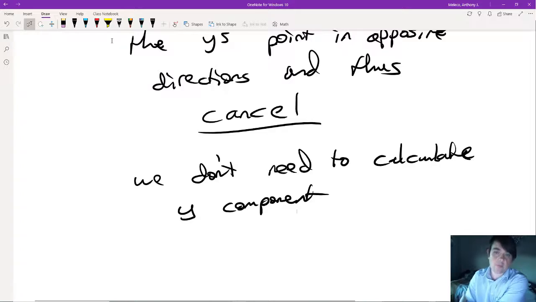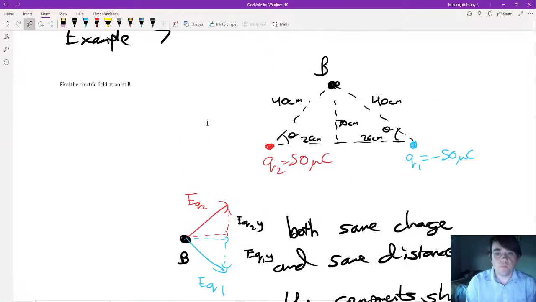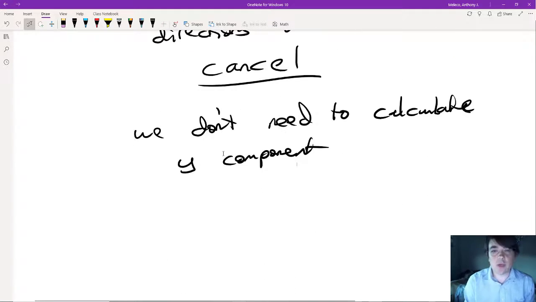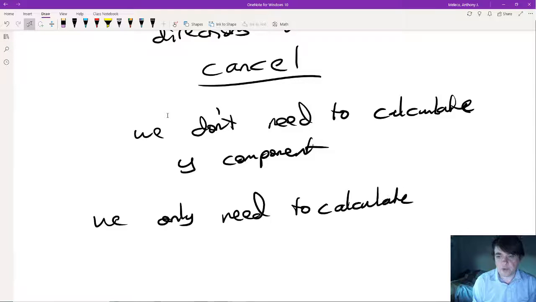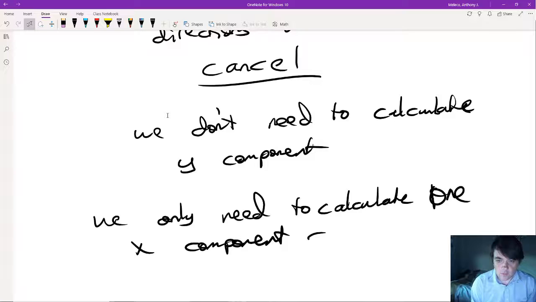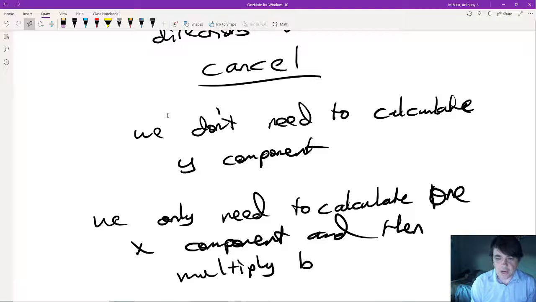Okay, we don't need to worry about that. And the x components are the same, so we only need to calculate one x component and then multiply by 2 because they're the same, right?